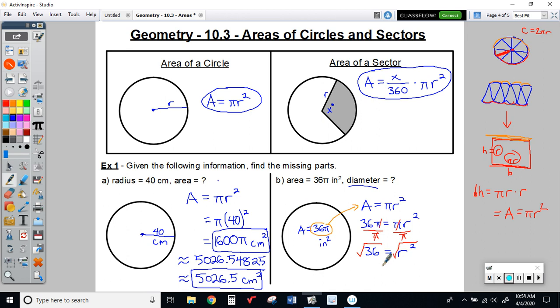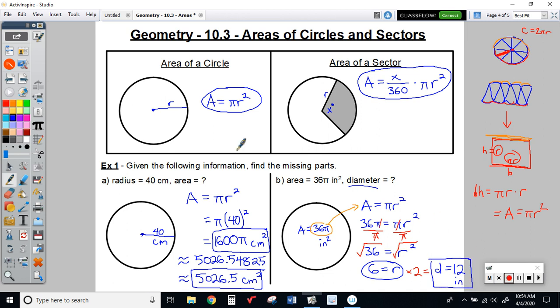Now notice the question doesn't ask for r, it asks for d. But once we know r, d, diameter, is easy to figure out. So the radius is that. If we multiply that by 2, then we will have the diameter as 12. So d equals 12. Units are included as inches squared for area. That means the diameter would be in inches instead.